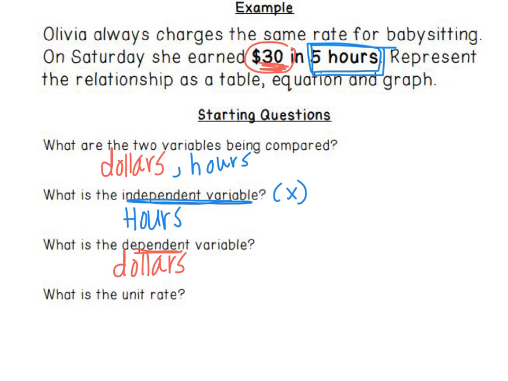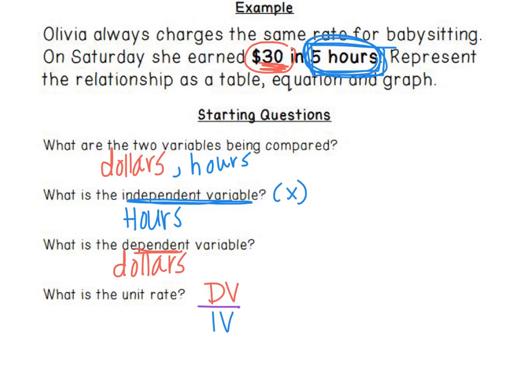And so they told us that she makes $30 in 5 hours. So that's not a unit rate. That's not how much she makes in 1 hour. So to find the unit rate, I'm going to take the DV and divide it by the IV.